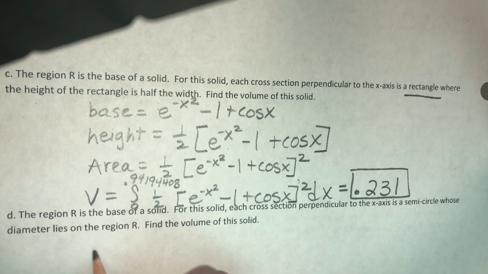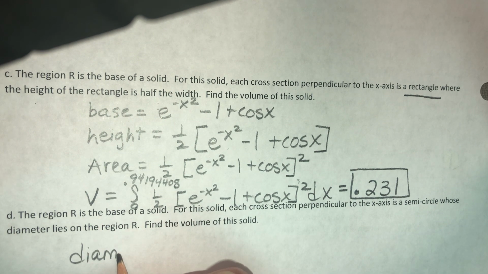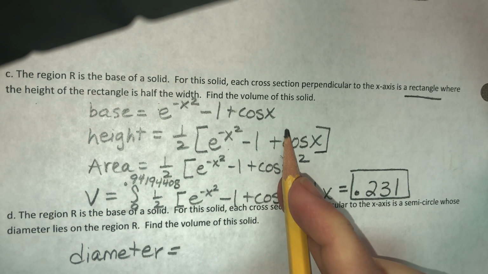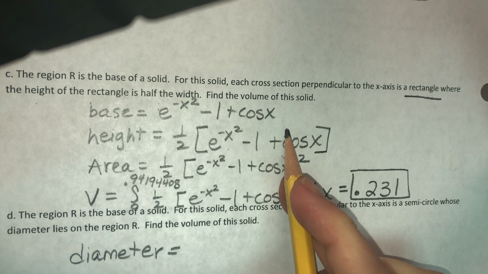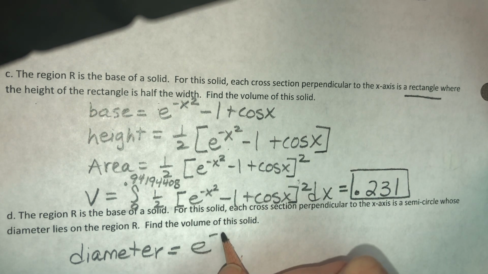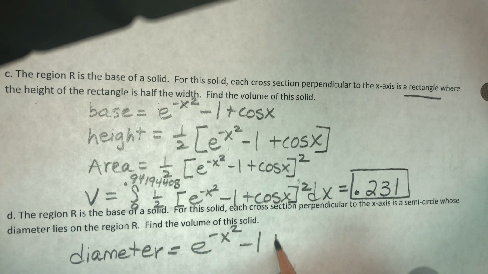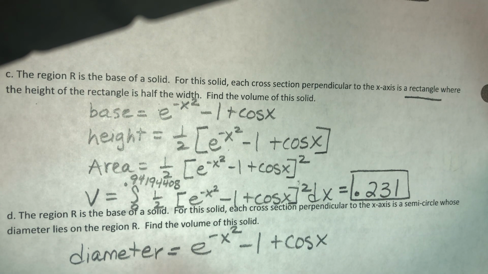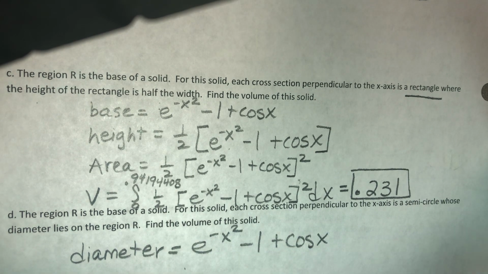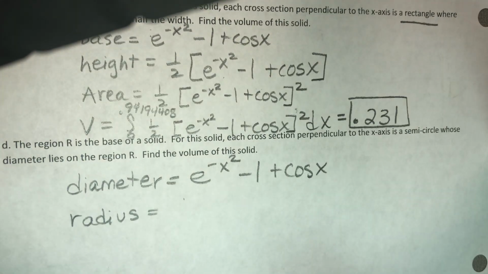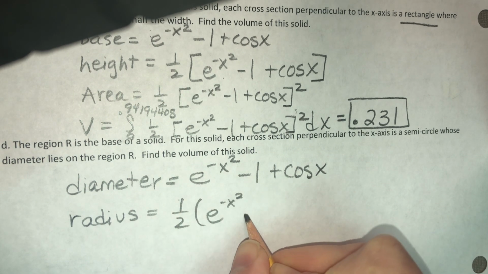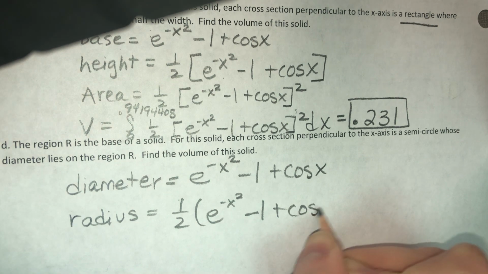So, our diameter of our semicircle is the same thing that our base of our rectangle was: e to the negative x squared minus 1 plus the cosine of x. And the radius is going to be half of that. So let's scoot this down. Half of e to the negative x squared minus 1 plus the cosine of x.